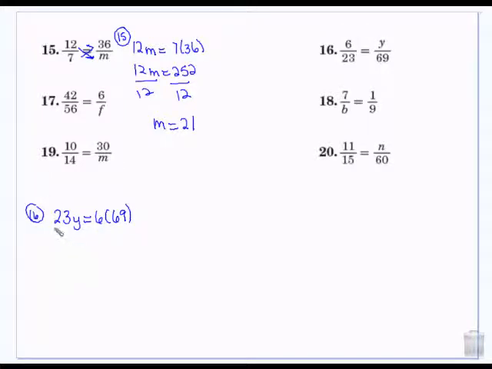So 6 times 69 is 414. Divide by 23, and I believe it is 18.